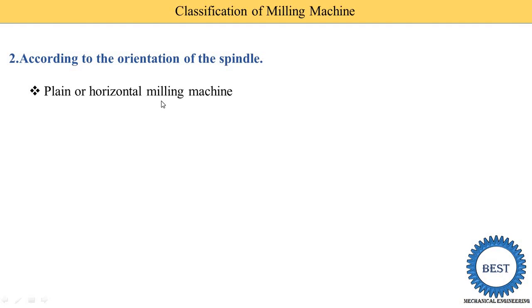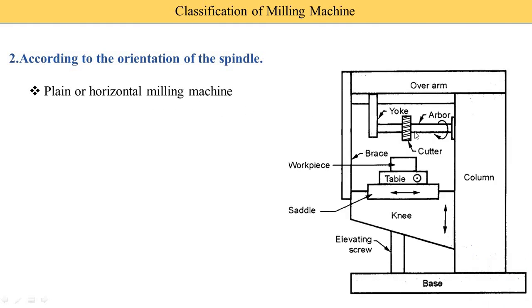Plain and horizontal milling machines are non-automatic general purpose milling machines, generally used for small or medium size work with a single horizontal axis milling arbor. As the name suggests, it is a horizontal milling machine, meaning the spindle is horizontal and the arbor is also horizontal.